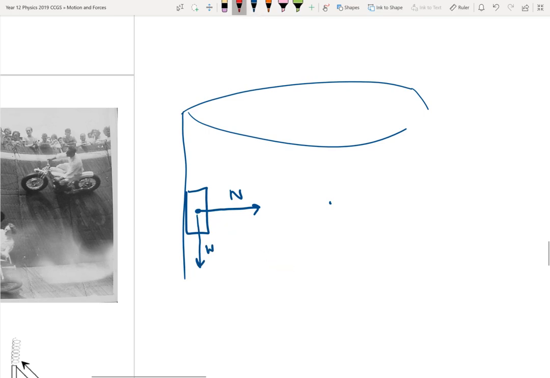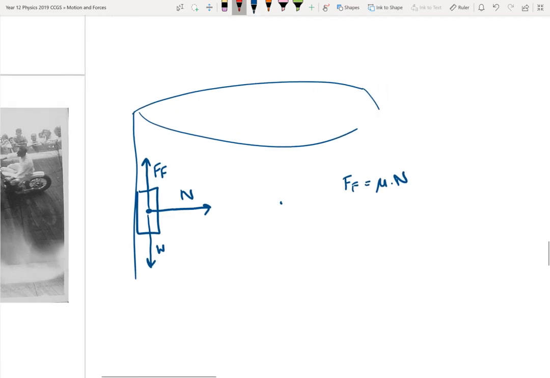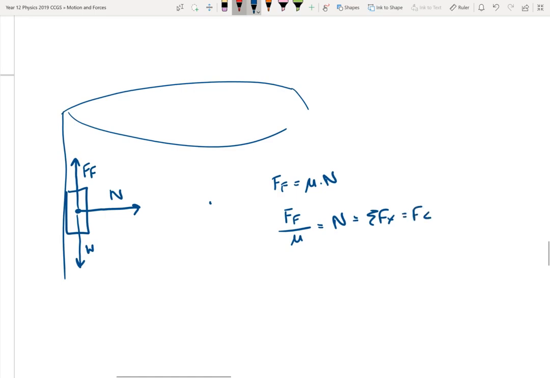To prevent us from falling down, we need friction to act upwards. And there's a lovely equation that relates the force of friction: F friction is mu n. And n is the sum of all forces in the x, which produces F centripetal, which is mv squared on R.